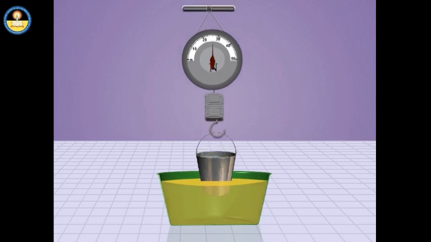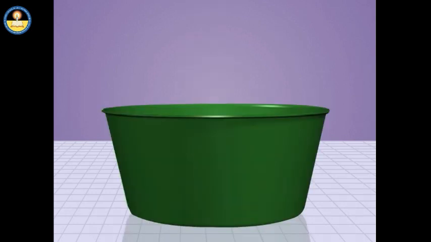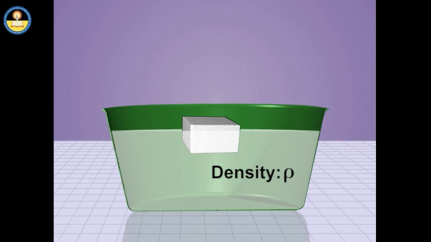It has its origin in the pressure difference occurring between the top and bottom of the immersed object. Let us take a cubical block. When it is immersed in a fluid of density ρ, the surrounding liquid exerts normal forces on all of its faces.